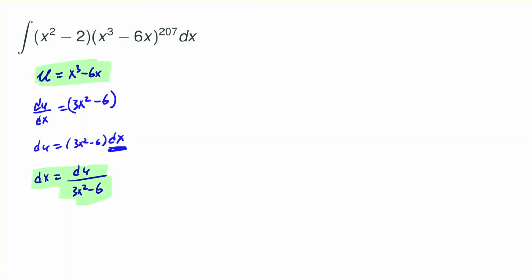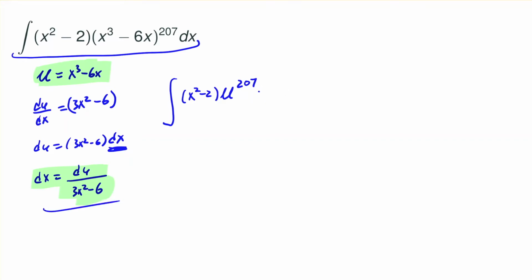So we're plugging those two in to substitute in terms of u. So let's do that right here. We have x squared minus 2 for now, just stay as it is, times u to the 207 power, dx is right here, du over 3x squared minus 6.